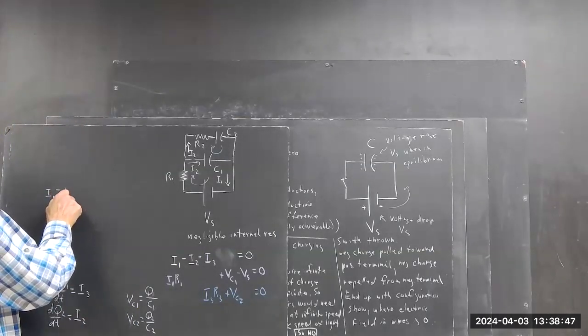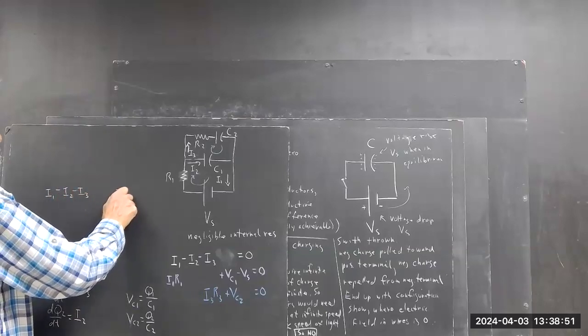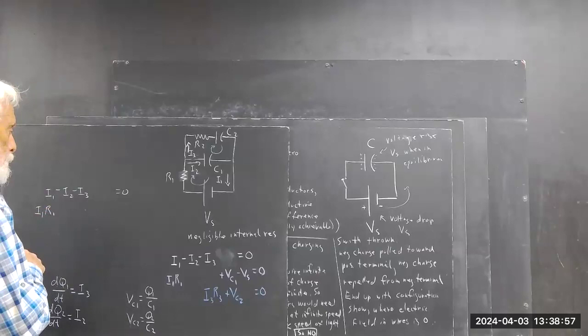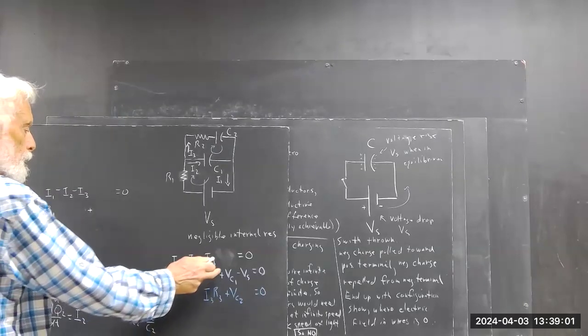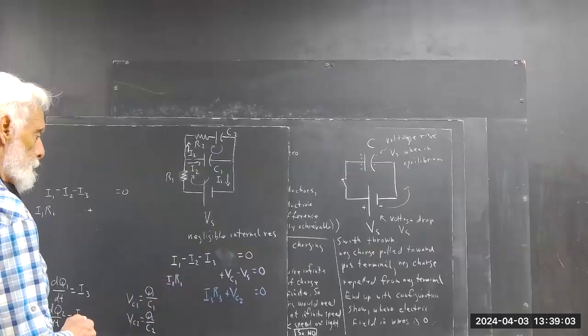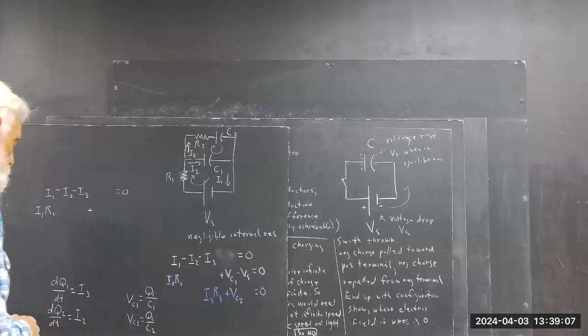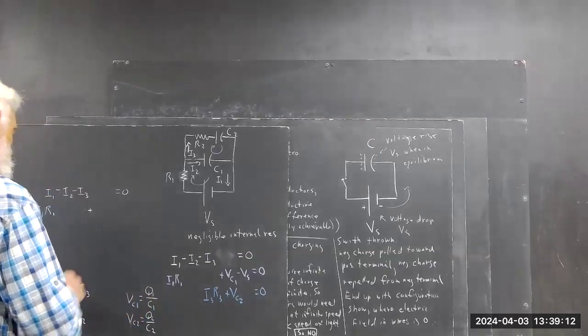Got I1 minus I2 minus I3. Got I1 R1 plus the voltage across C1. What's that? Well, it's Q1 over C1.